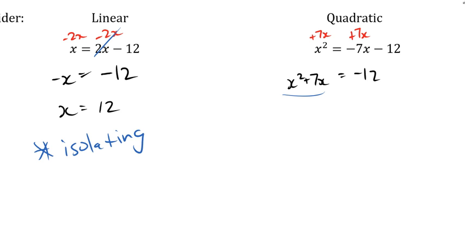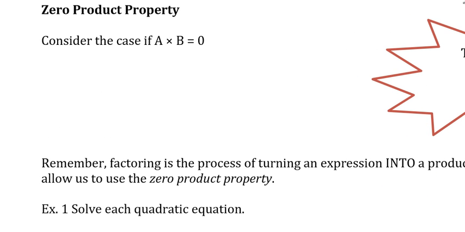So there you go. Okay, so you want to write this down. In order to solve quadratics, we need to know something about this. It's called the zero product property.